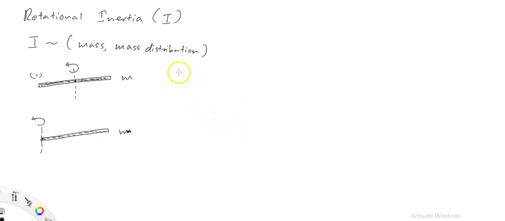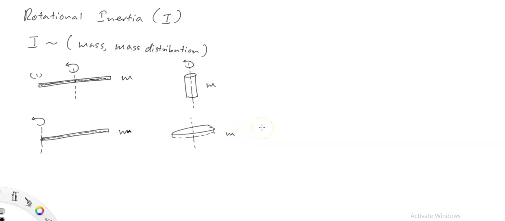Another example would be, let's say you have a cylindrical object like this, and then you rotate it around this axis, right? And then the same mass, let's say you take it and you flatten this into a flat disc. It's still a cylinder, but it's wider and less thickness, and then you rotate it around the center.